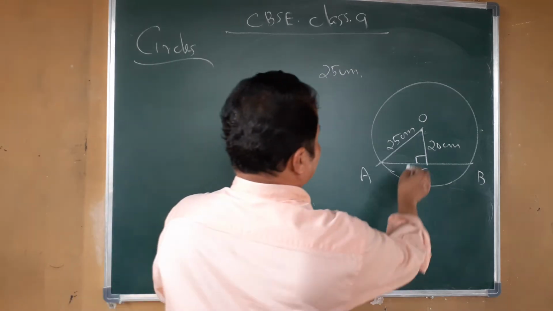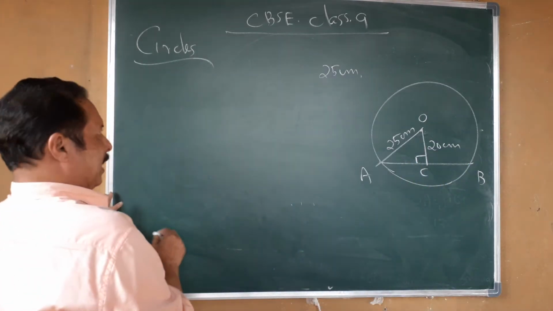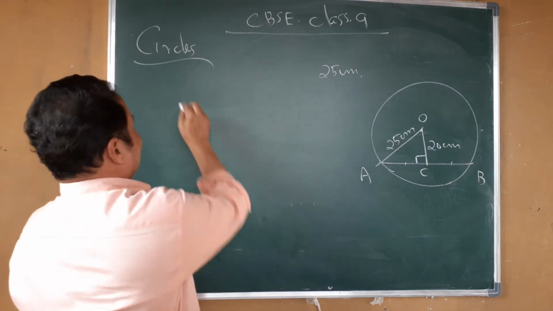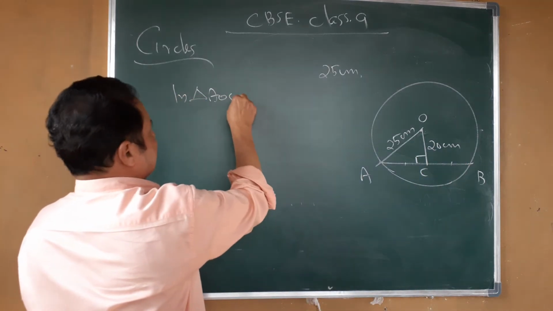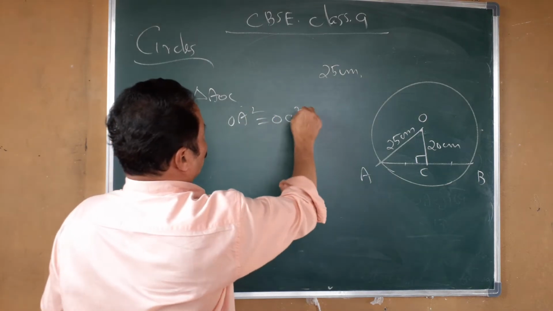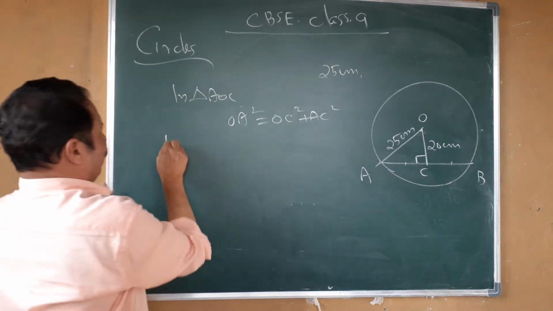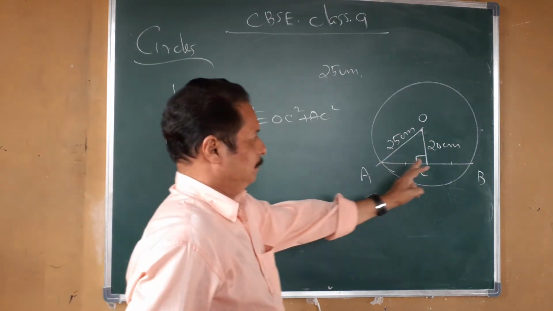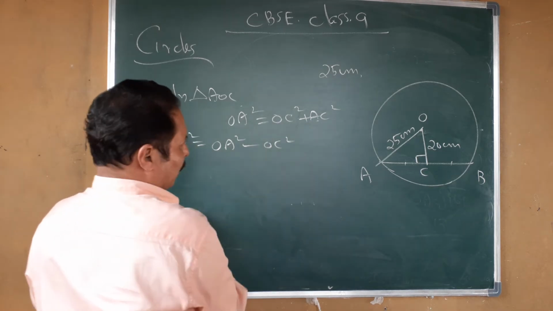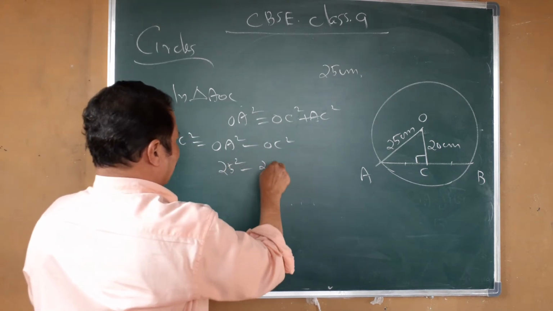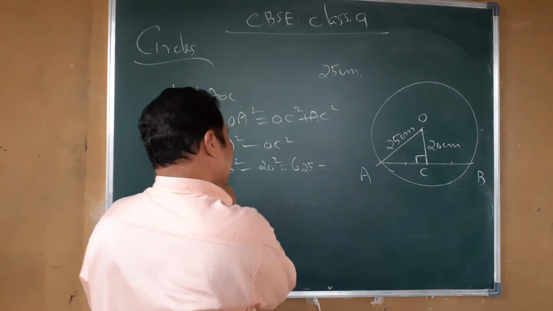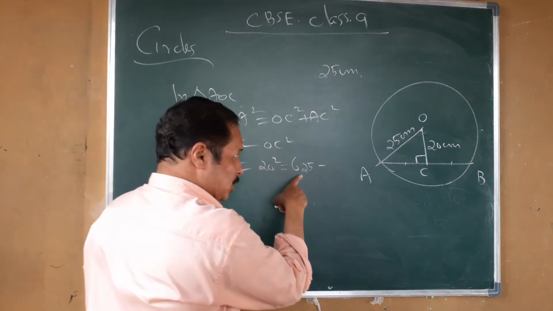Now you studied that OC is perpendicular to AB and AC equal to BC. That also you know. In triangle AOC, it's a right triangle. By Pythagoras theorem, OA square equal to OC square plus AC square. We want to find the AC, isn't it? That is OA square minus OC square, that is 25 square minus 20 square. Square of 25 is 625.